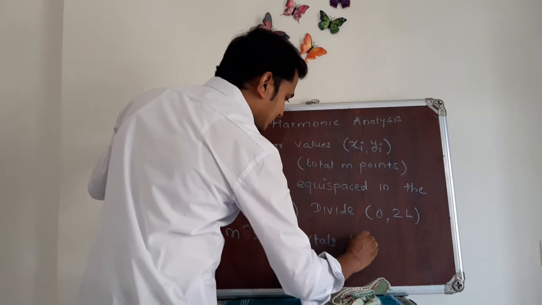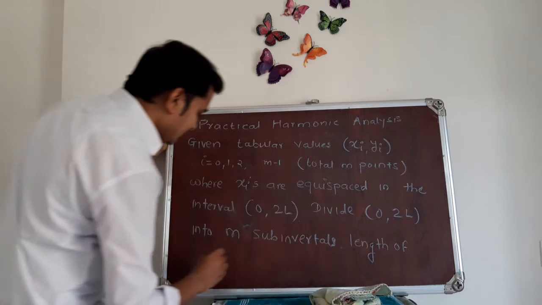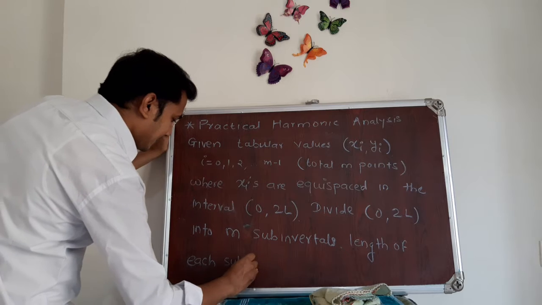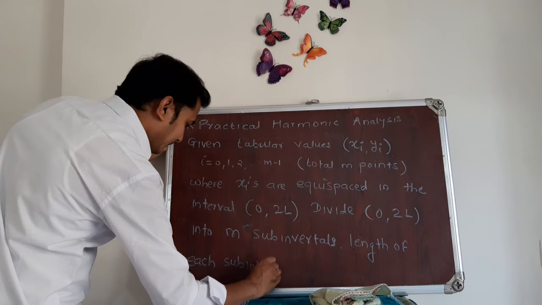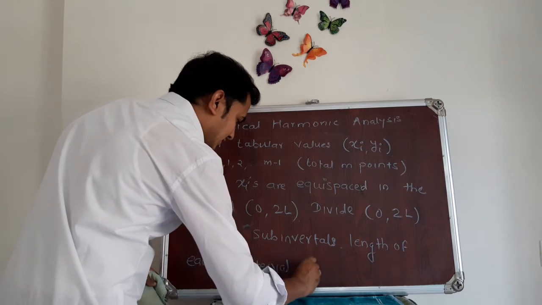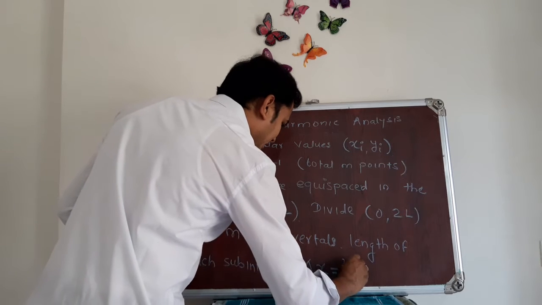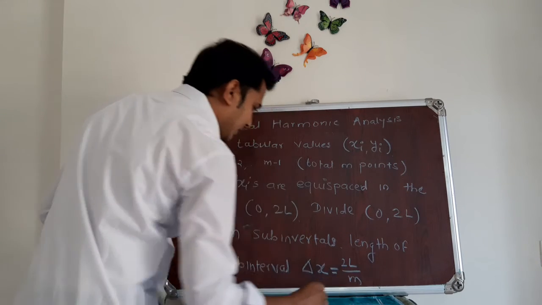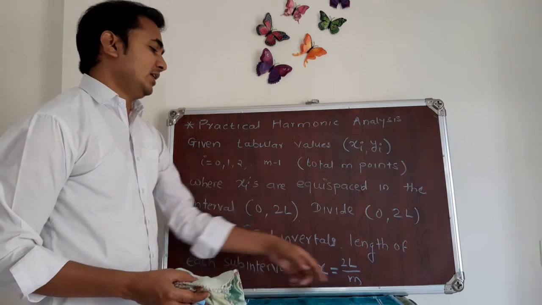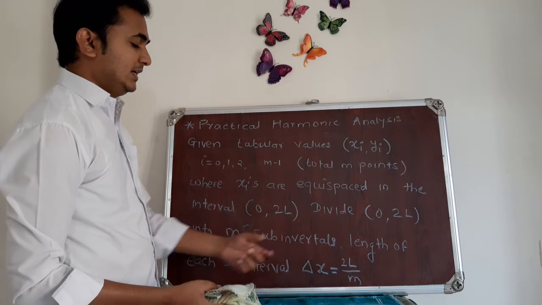Length of each sub interval, let us take it as delta x is 2L upon m, that is 2L minus 0 upon m, and we denote it by delta x.